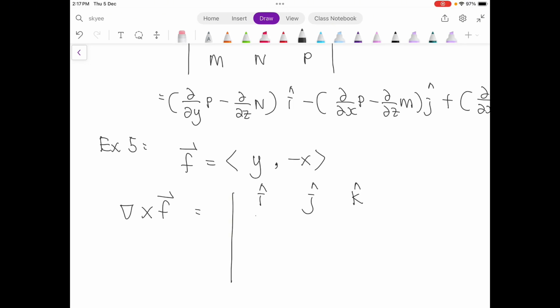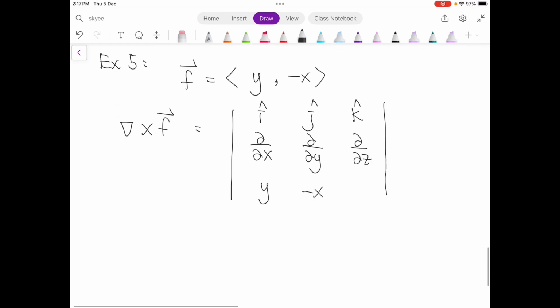The del is this, and you put your y and negative x here. So let's calculate this. This is 0, so just fill up with 0. For the i component, 0 minus, for this one you have to differentiate with respect to z, but you don't have z, so it is equal to 0. This is your i component.